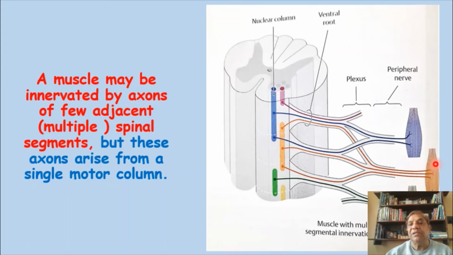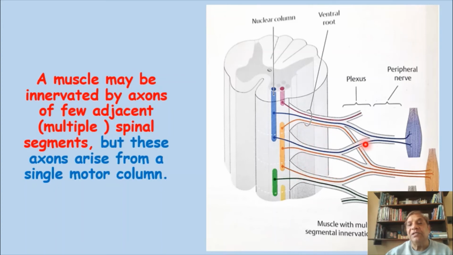For example, this muscle is supplied by three adjacent spinal segments, and the axons take origin from neurons arranged in one single vertical column extending through three adjacent spinal segments, and then from three adjacent ventral rami.